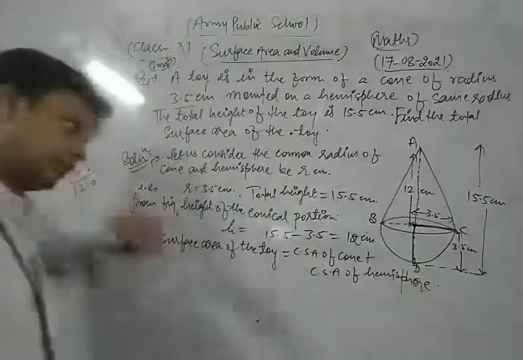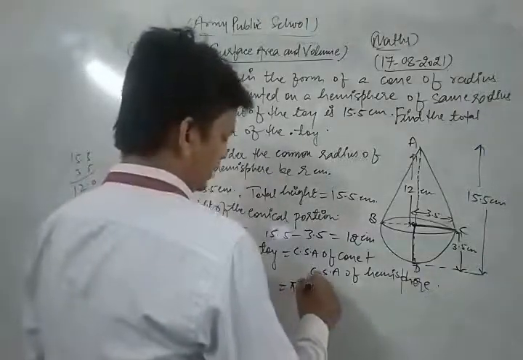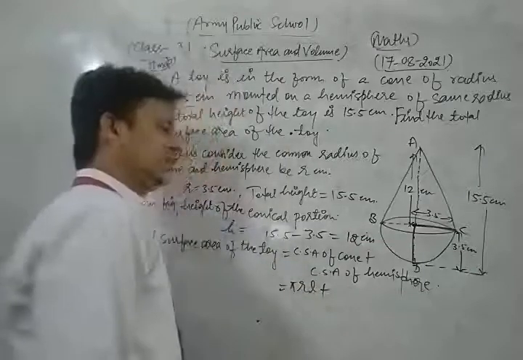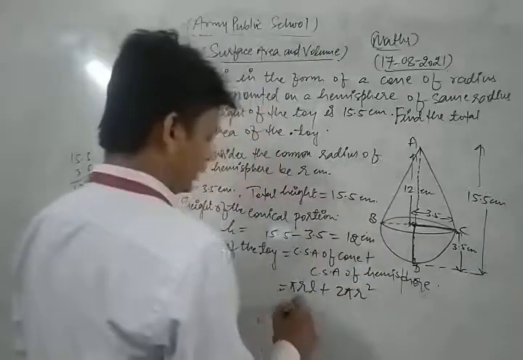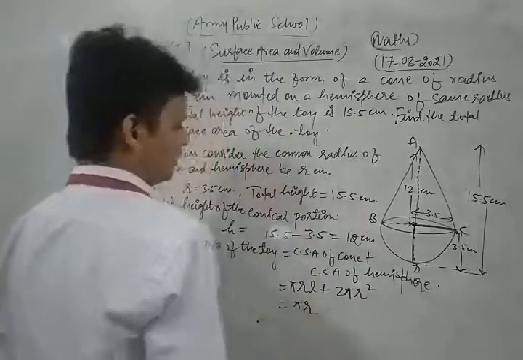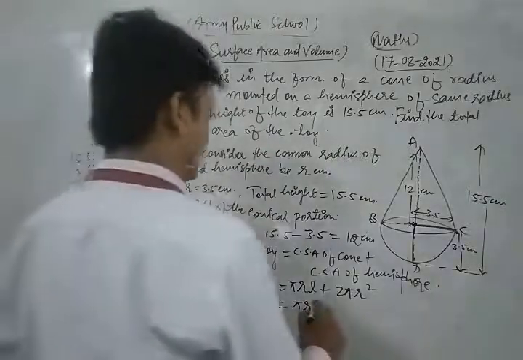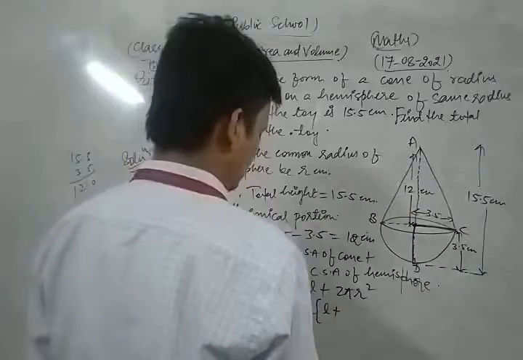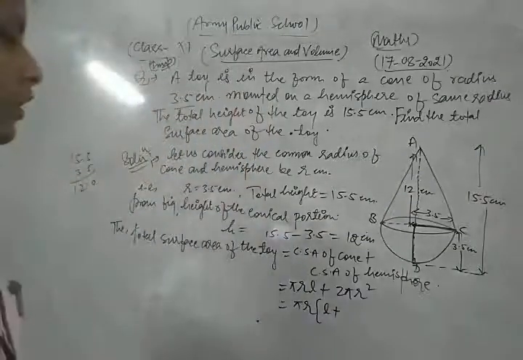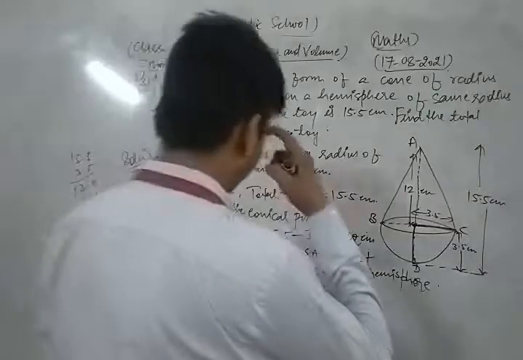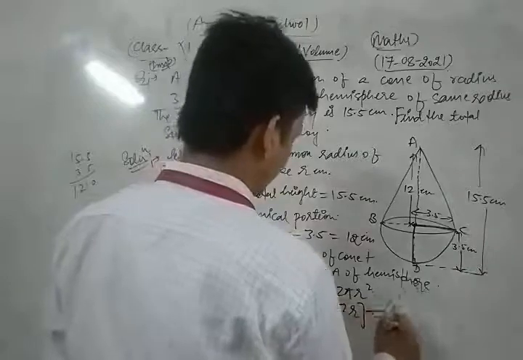The formula for the curved surface area of cone is pi r l, plus curved surface area of hemisphere 2 pi r square. So we take pi r as common. In the bracket we get l plus 2r. We get equation number 1.